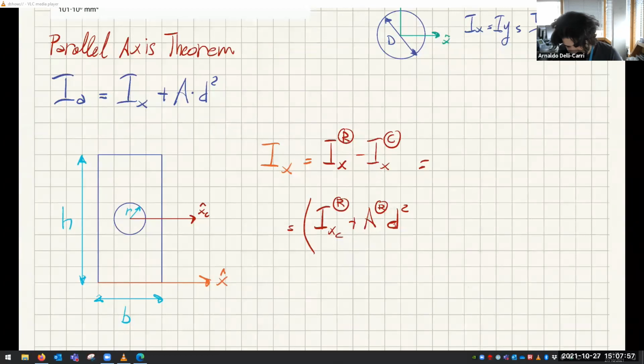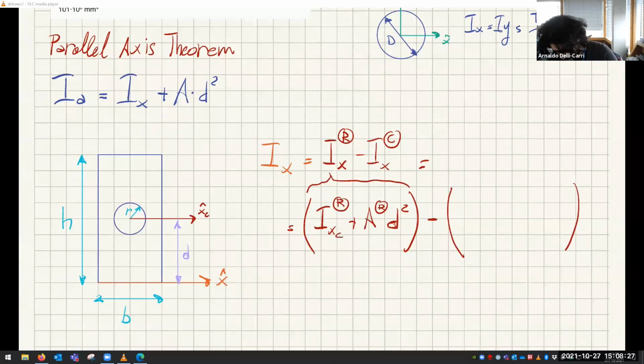Now, distance is this distance here. This is the distance I'm looking for, which, of course, is h divided by 2. Now, this is Ixr, so minus, and this is Ixc, so Ix of the circle is just Ixc of the circle.